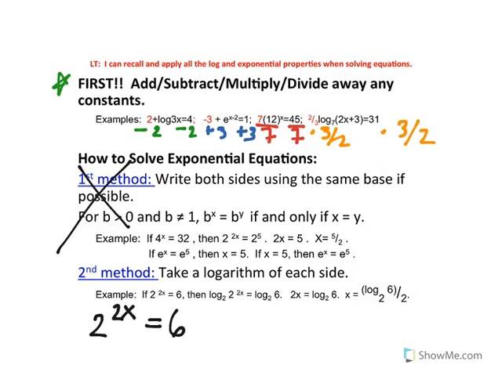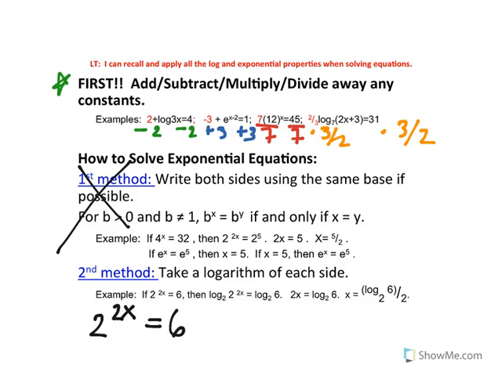What is my base of this exponential function? 2 to the 2x power equals 6. My base is 2. So if I'm going to use the inverse of this, the inverse of an exponential function of 2 has to be log base 2. My second method is taking the log on both sides of the equation. So think about it.